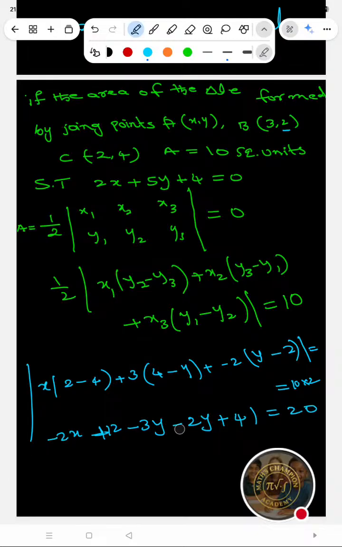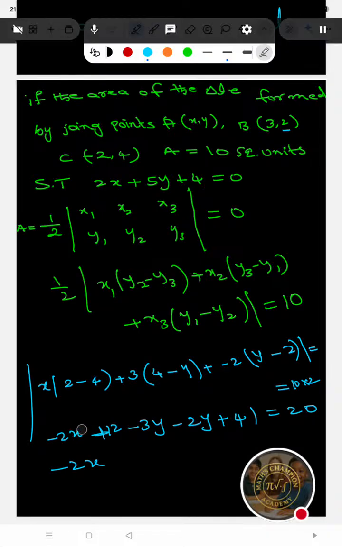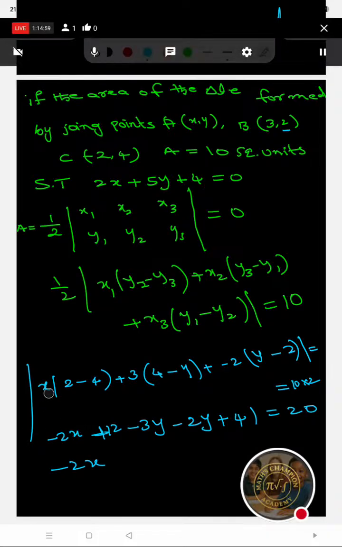Here the x value, only minus 2x, plus 12. What is the mistake here?